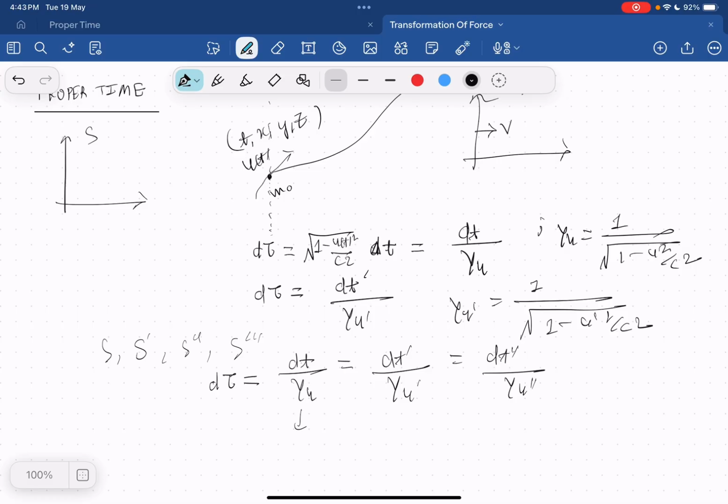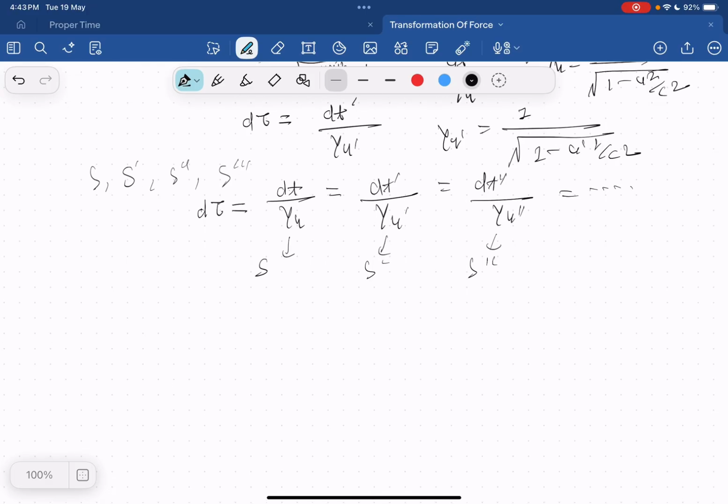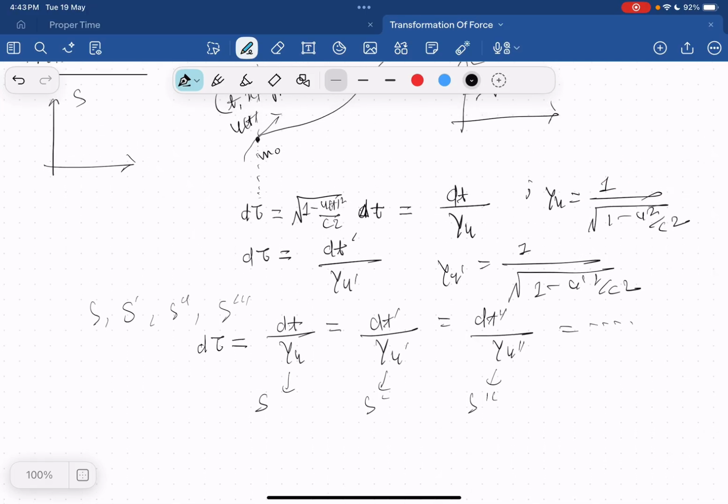So this is for reference frame S, this is for S prime, this is for S double prime, and so on.